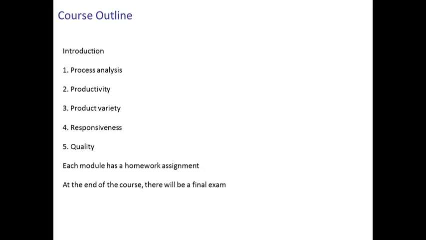We have a module on productivity, one on product variety, one on responsiveness, and one on quality. Each module ends with a formal homework assignment, something that you have to submit if you are on the academic track, and something that will then be graded automatically through the Coursera interface. At the end of the entire course, we will have a final exam that covers material of all 5 modules.